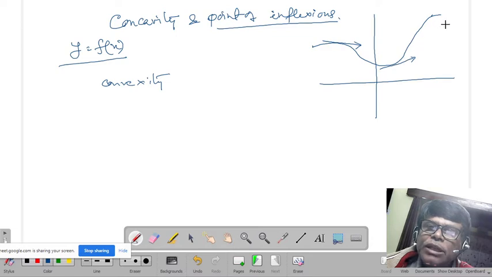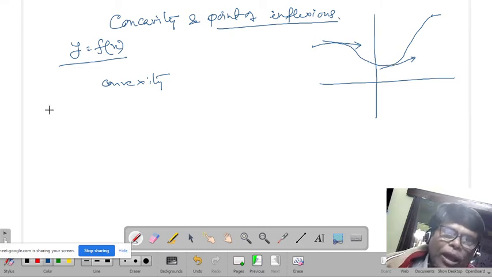Sometimes the curve is increasing. So between any interval, how do you understand the curve is increasing or decreasing? I think you have some experience about it, but now I want to just recapitulate it.